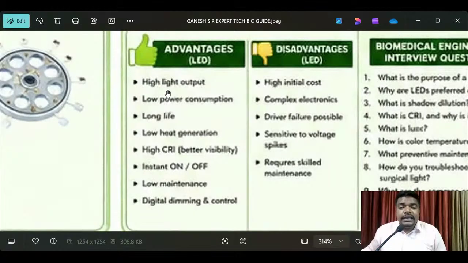High light output. First of all, listen carefully. Advantages of OT light: why are doctors recommending it, why do doctors depend on it during surgery? This is important. High light output, low power consumption, long life, low heat generation, high CRI, better visibility and instant on/off. Low maintenance and digital dimming and control.